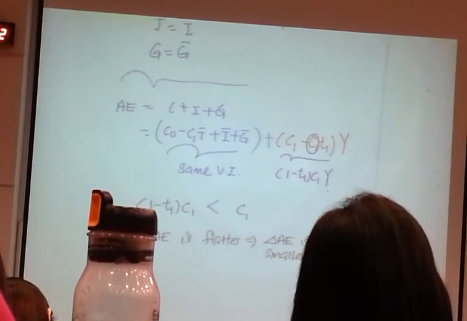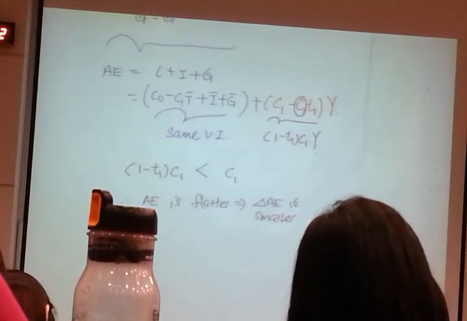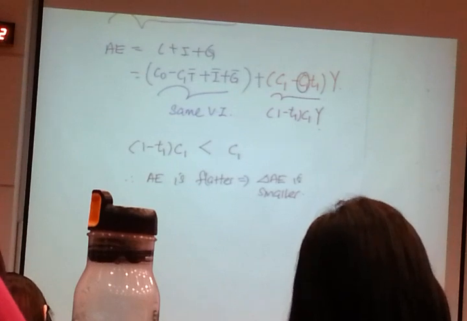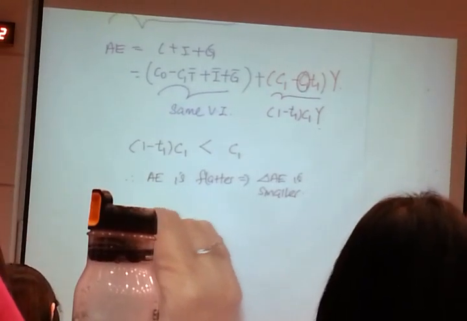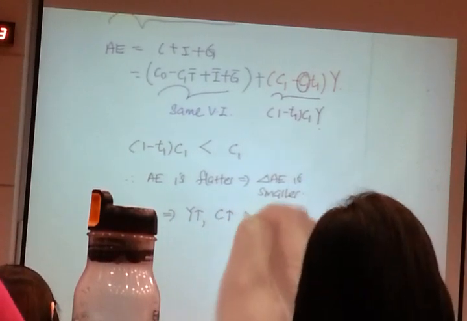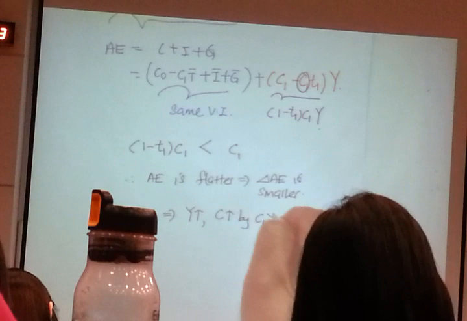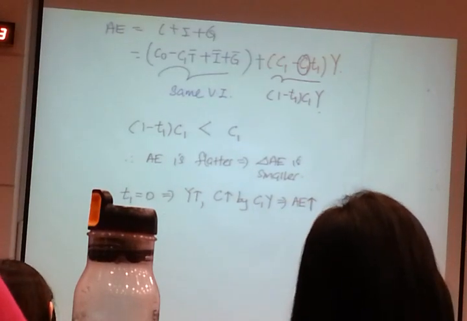So we don't just want to say the slope drops. Always remember there must be economic analysis. So why is that so? Previously, if you don't have tax, and income goes up, consumption will increase by C1Y and AE will go up.